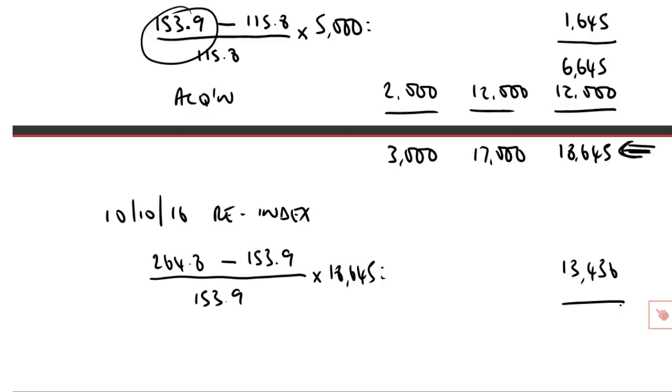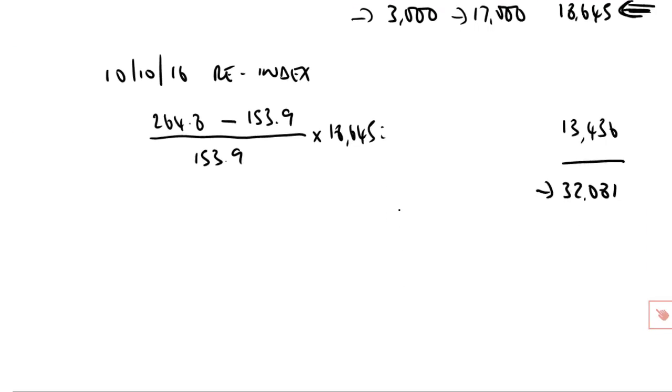Add that onto your index cost column, and that should give you, again, all being well, £32,081. So at this date, but prior to the disposal, we now know that we had in this share pool 3,000 shares that cost £17,000 and which have an index cost figure of £32,081.